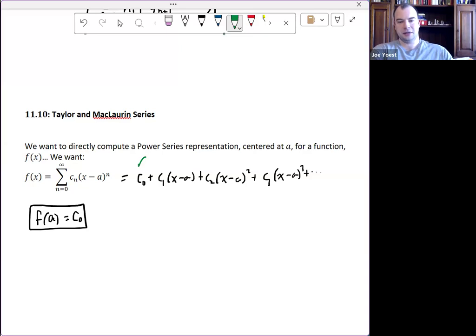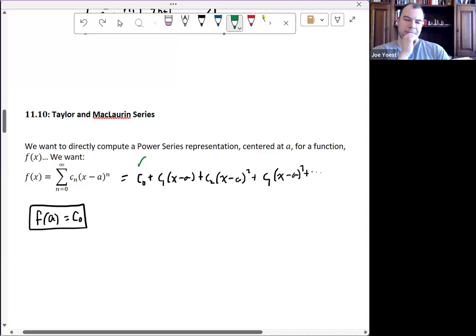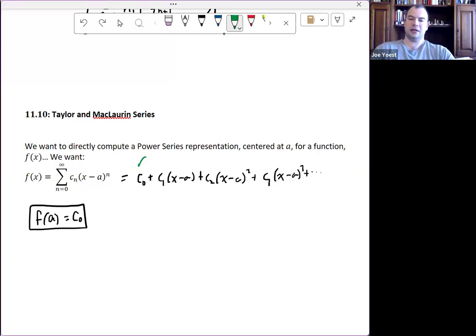That means the first coefficient of my power series, c naught, has to be f of a. That's what it's got to be. Well, that's pretty nice, but I've only got one coefficient. I still need to figure out c1, c2, c3, and so on to the end of the line. I need to figure out infinitely many of these.